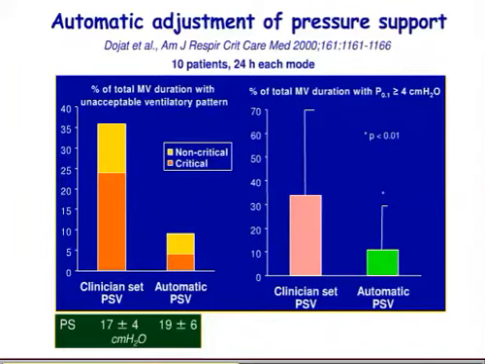And this was performed with comparable levels of pressure support. It was not a question of this automatic system giving more pressure support to the patient. It was just a matter of more frequent adaptation to the patient's respiratory profile. So this might be an option to better tailor the level of pressure support to the patient's respiratory pattern.